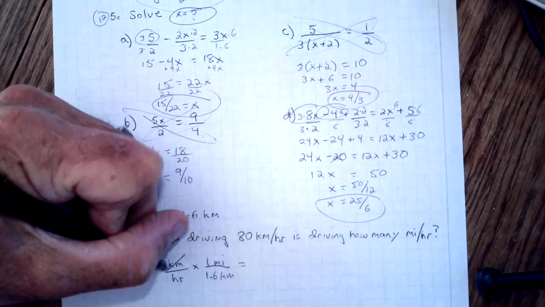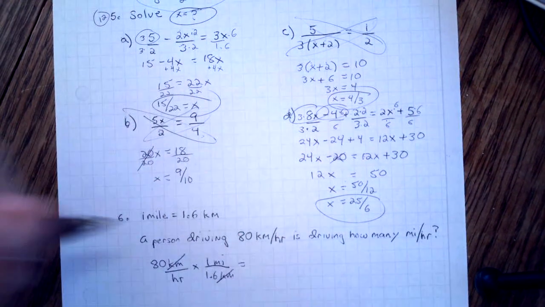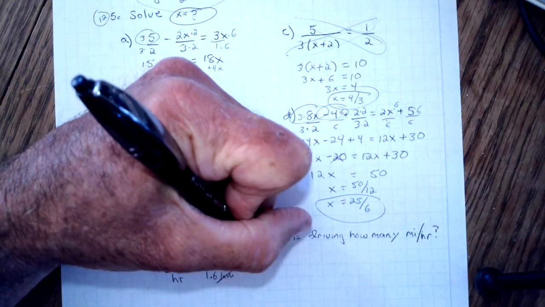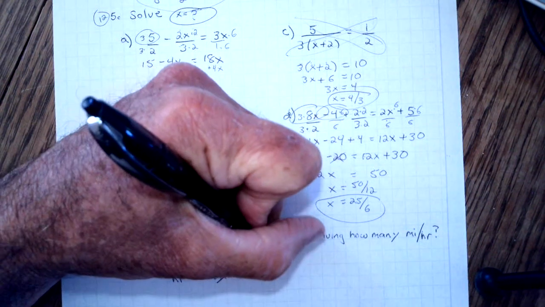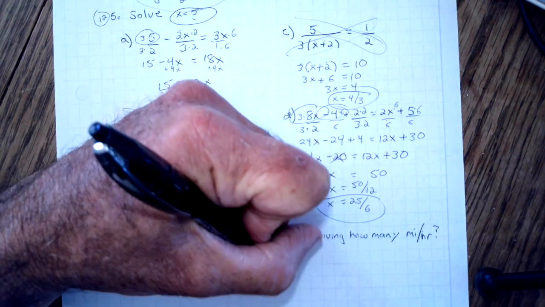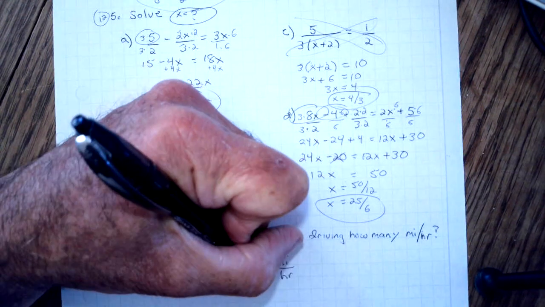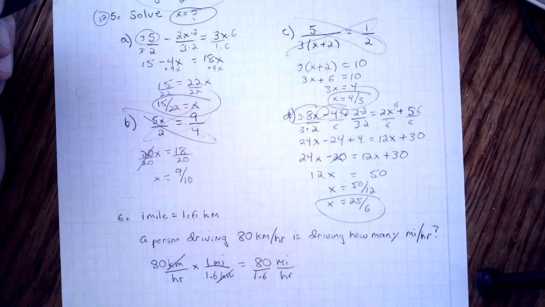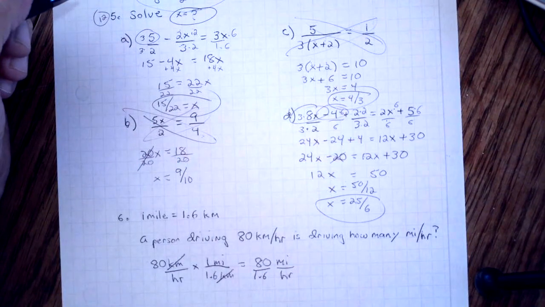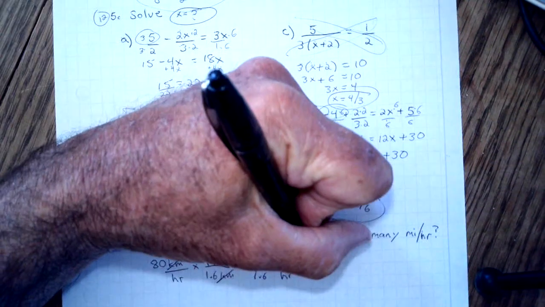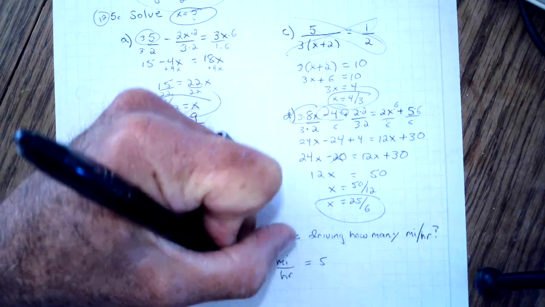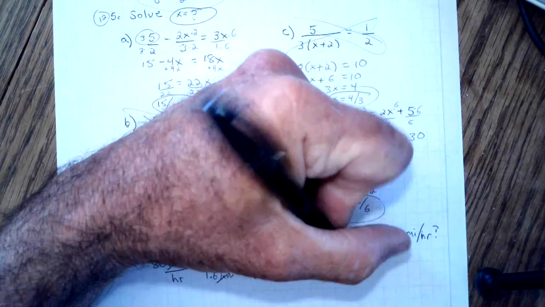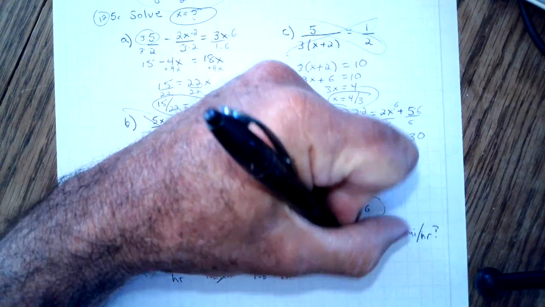And so the kilometers will then cancel. So I end up with 80 miles per hour over 1.6. That's the answer, sort of, but you can use a calculator, and you should. So that's going to turn into 80 divided by 1.6 is 50. So that's 50 miles per hour.